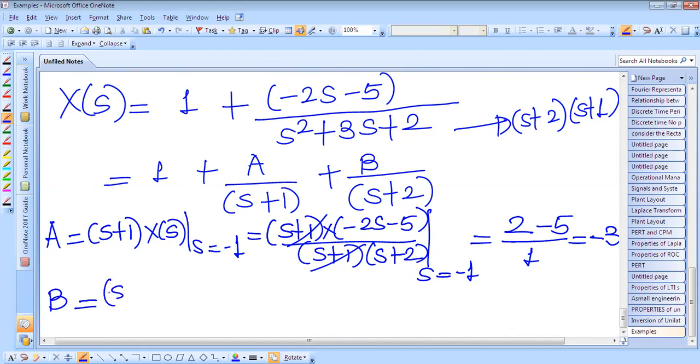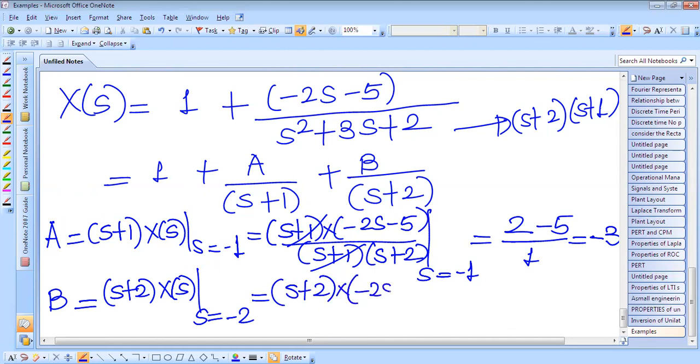Find the value of B. B is (s plus 2) into X(s) at s is equal to minus 2, so (s plus 2) into (minus 2s minus 5) divided by (s plus 1)(s plus 2) at s is equal to minus 2. The s plus 2 is cancelled.